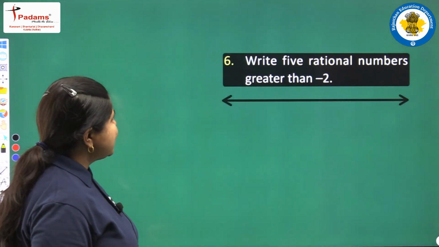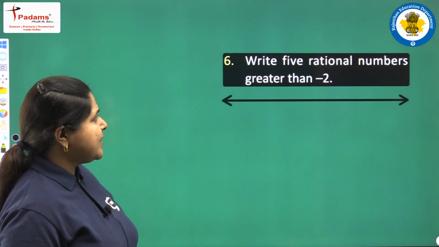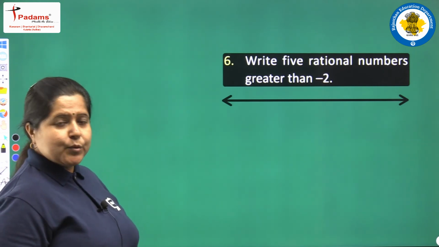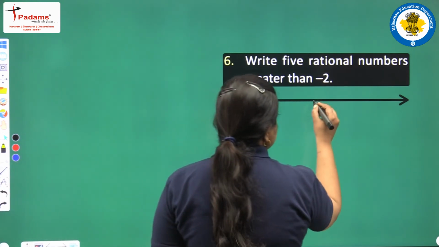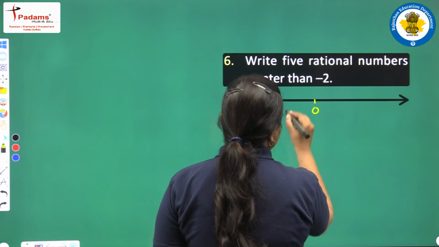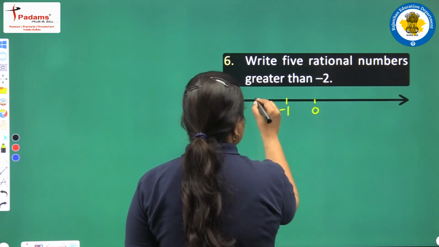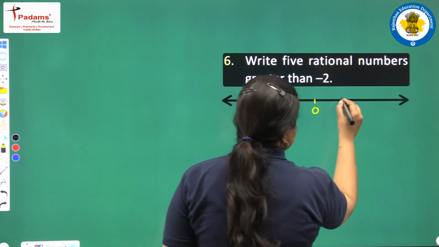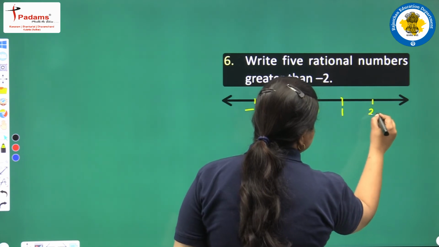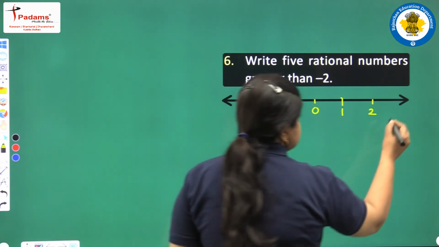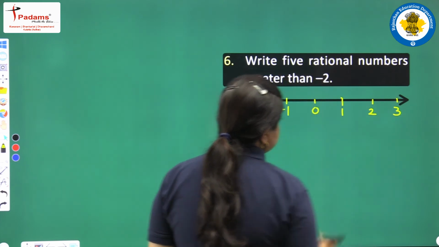We have the next question. Write 5 rational numbers greater than minus 2. Let us mark it on the number line. This is 0, then this is minus 1, this is minus 2, here 1 and here 2. We can take here 3 also.